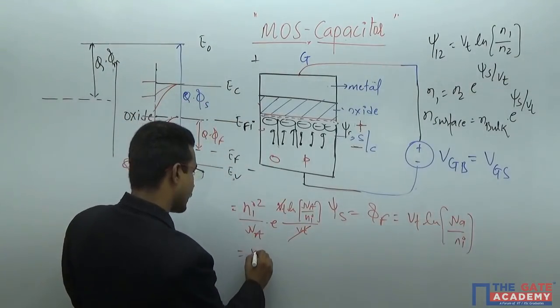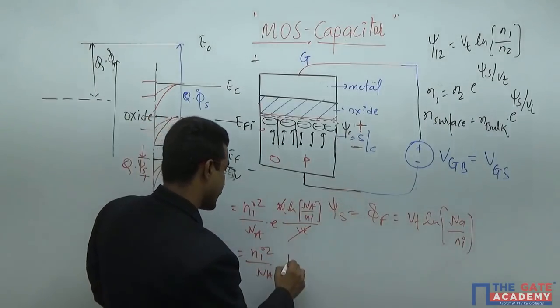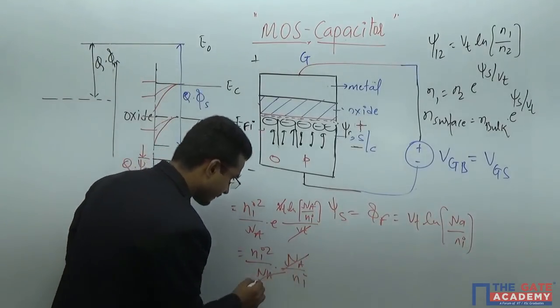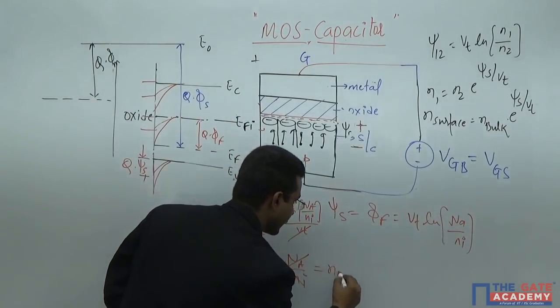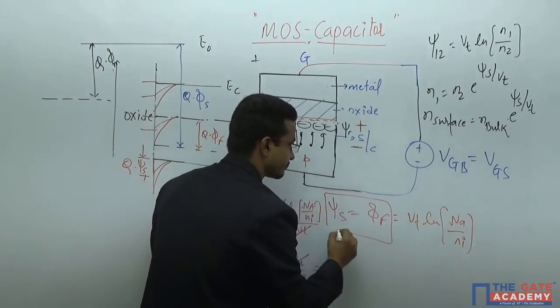You get Ni square upon Na into Na upon Ni. This cancels out, this cancels out, and the number becomes Ni at psi S equals phi F.